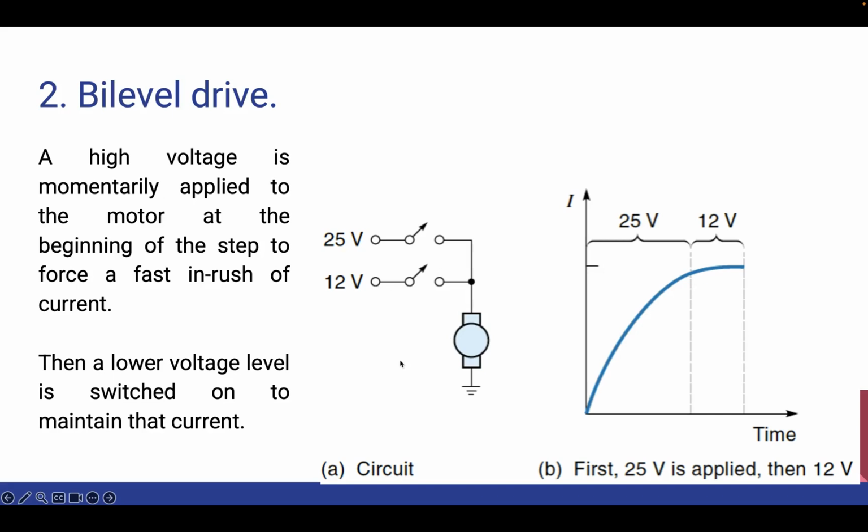However, when a step is initiated, the switch connects a higher voltage to the motor for a brief period. So in this case, let's say it's connected to the 25 volts. This surge of voltage ensures the current rises quickly enough to maintain respectable torque and swift motor response. So this was the bi-level drive.